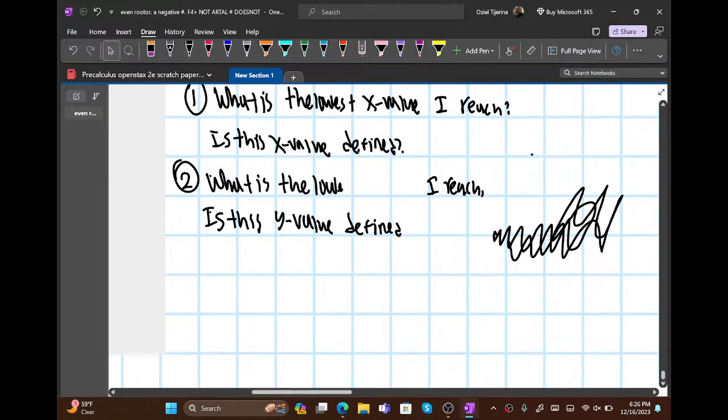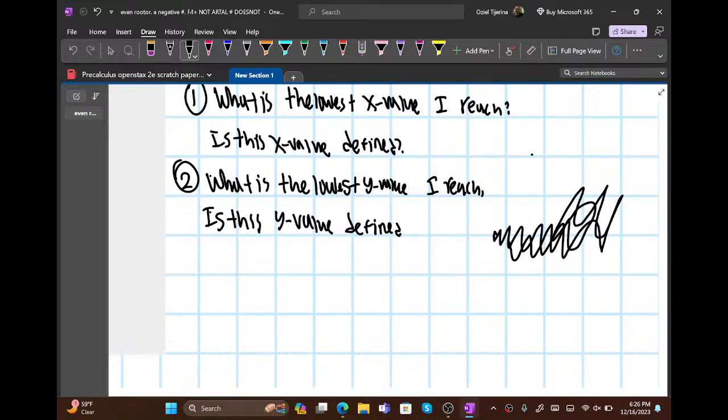So, what is the lowest y value I reach? I'm sorry. I'm going to just say, what is the highest x value I reach? Is this x value defined?